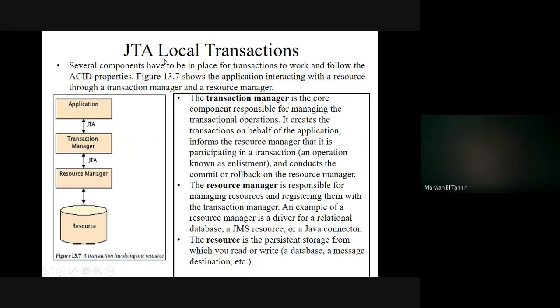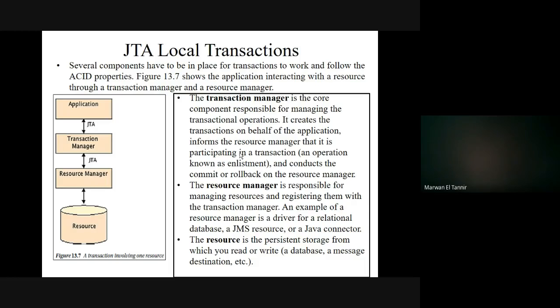Java Transaction API, local transactions. You saw transactions in the previous lectures and labs, how we create a transaction and how we begin a transaction. We use begin to begin a transaction. We write our operations, like let's say we call different methods, debit, credit, and so on. At the end, we write commit.